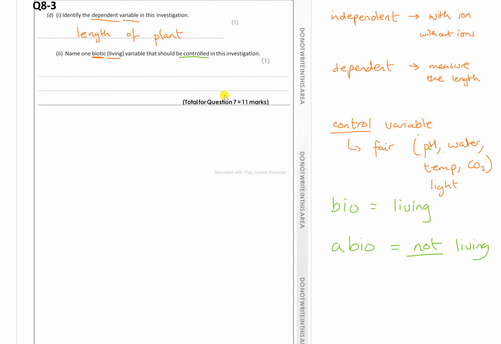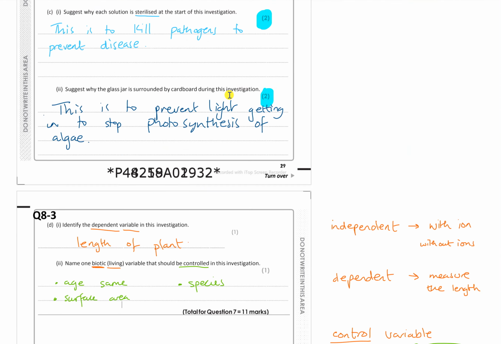Okay, so all these here are abiotic variables. The other thing that you should control is to try to make sure that the age of the plant is the same, the species of the plant is the same. You could make sure that when you start the plant, the size or surface area is the same. Yeah, that'll do it. Right, okay, that's done.